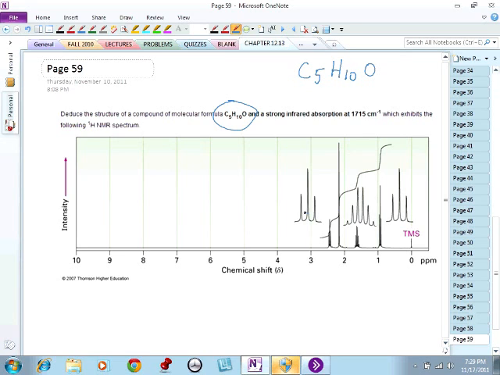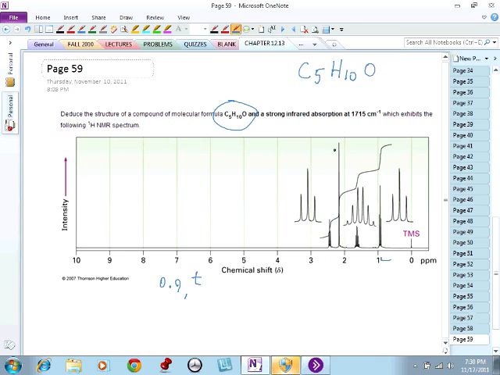If you look at this, we only have 3 signals here. Okay, that signal is 0.9, and the multiplicity is triplet, and we'll come back to the number of hydrogens later.